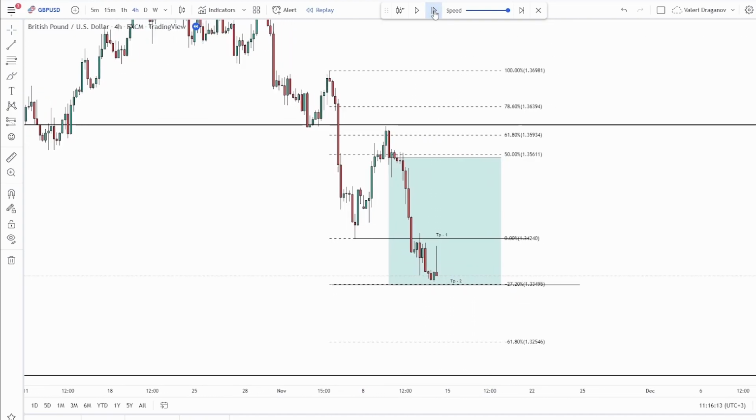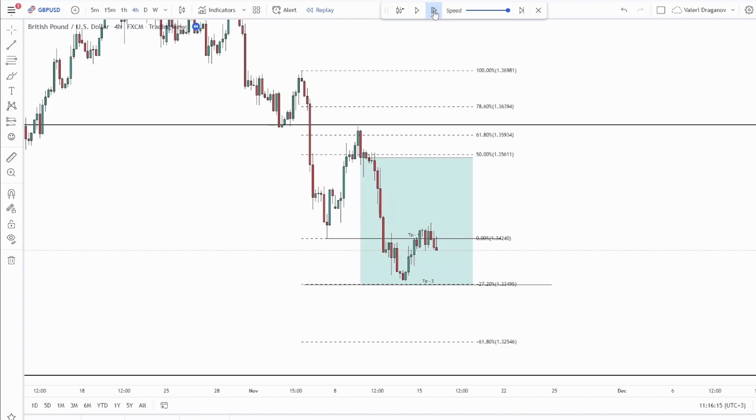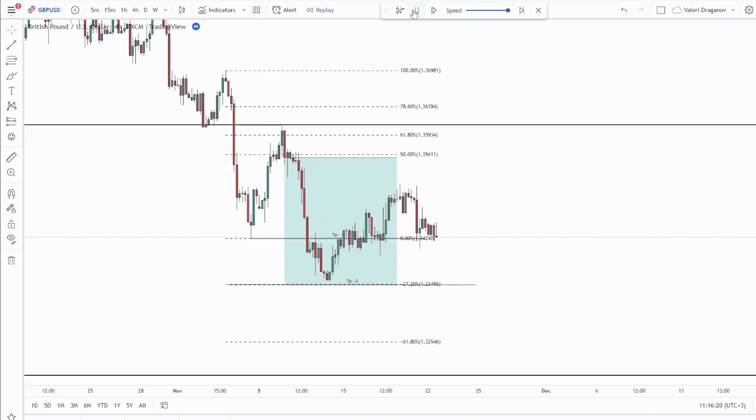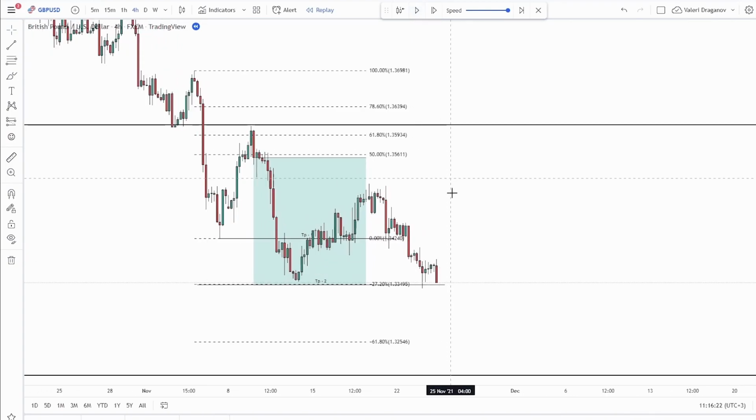You can see the price almost reaches our second take profit and then started to go up. Don't worry, we already protected our deal, so we just wait. And you can see our second take profit is hit.